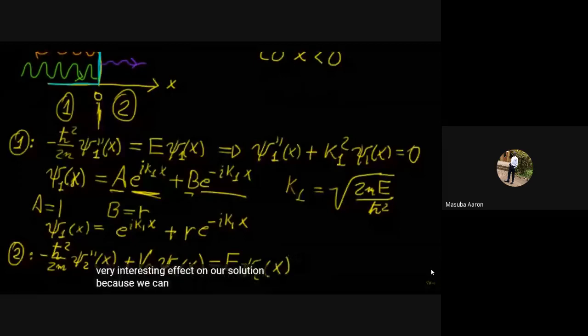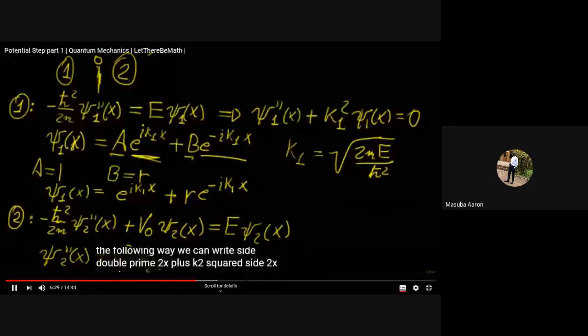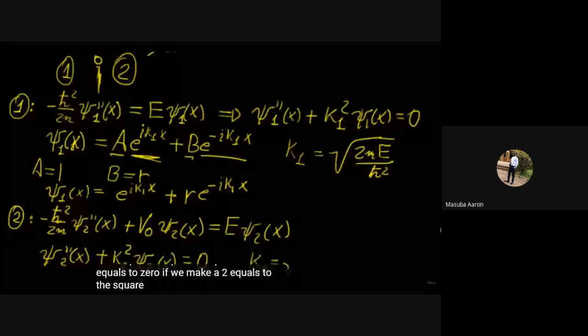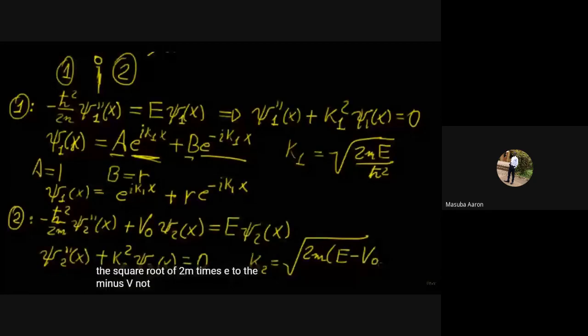We can write psi double prime 2(x) plus k2 squared psi 2(x) equals 0, if we make k2 equal to the square root of 2m times (E minus V naught) over h bar squared.